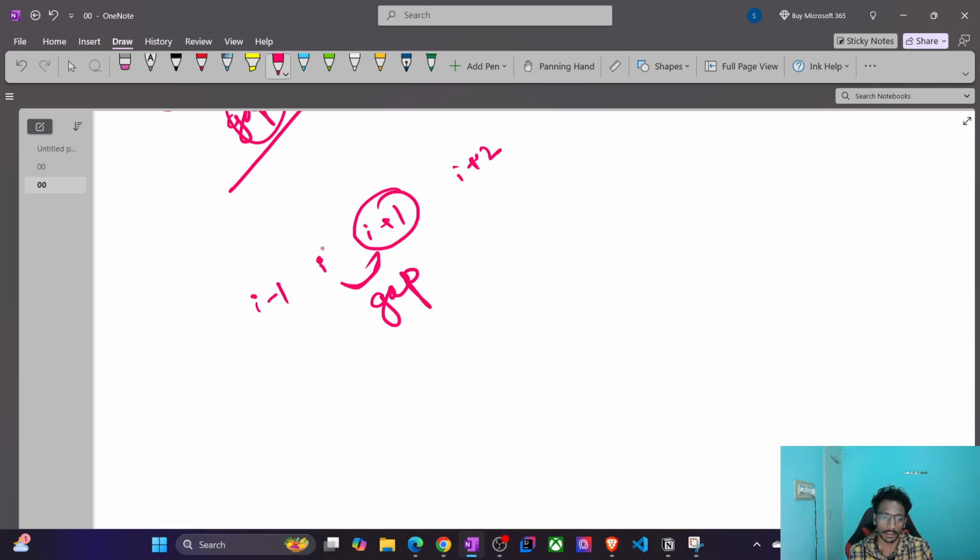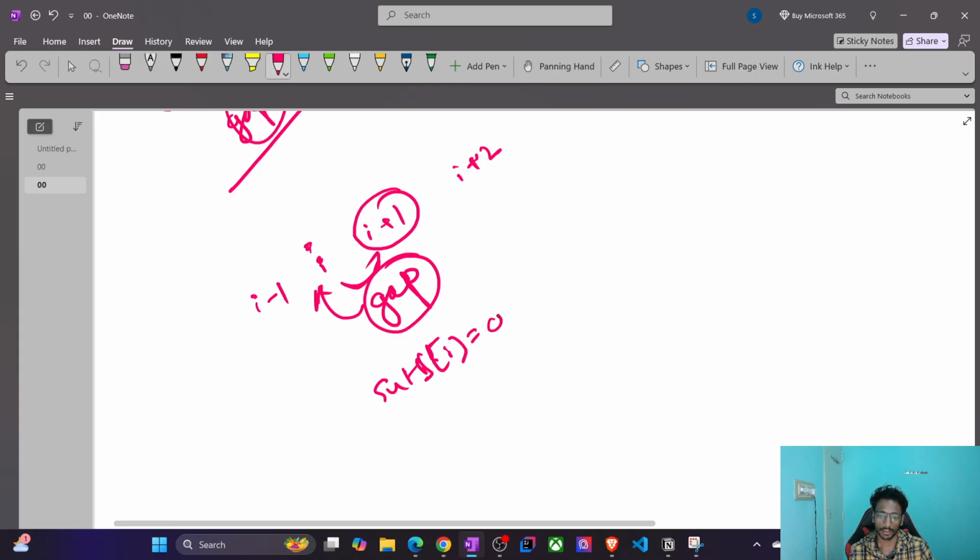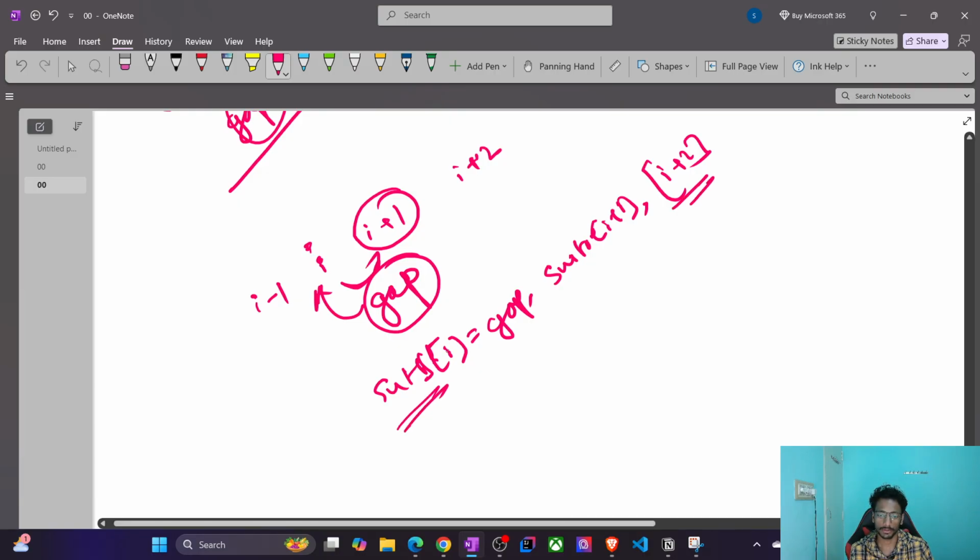In this case I am storing this gap into this index only. So this will be suffix of I. I will store the gap and the maximum value of suffix of I plus 1, then I plus 2, in this way. In this I am storing suffix of I.